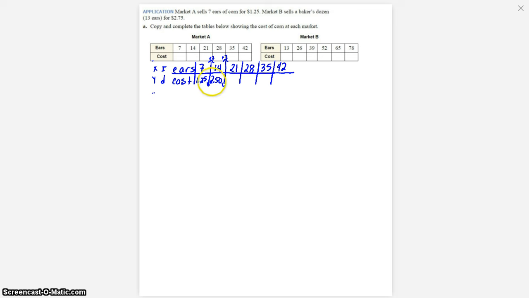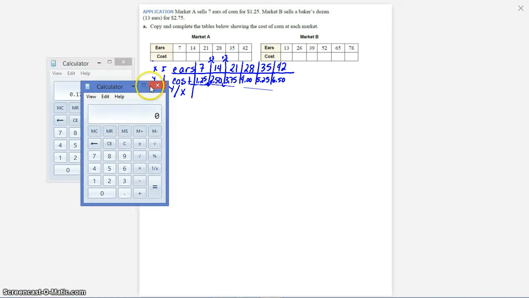So $1.25 plus $1.25 is $2.50. $2.50 plus $1.25 is $3.75, plus another $1.25 is $5, plus another $1.25 is $6.25, plus another $1.25 would be $7.50.